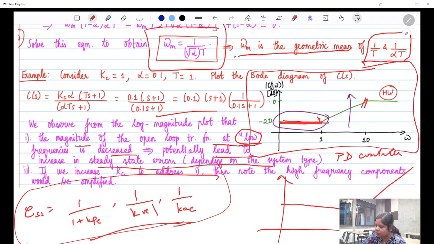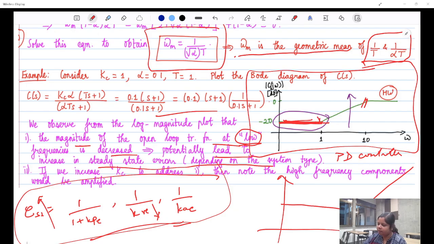If this gain is low, steady state error would be high. This is what we overcome in the lag compensator, but in the lead compensator, this is the problem: your steady state error would be high.